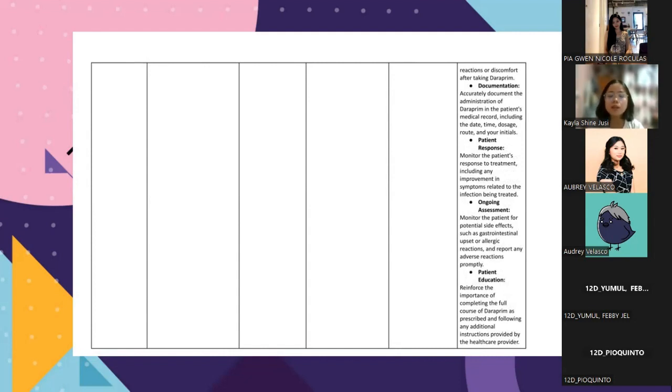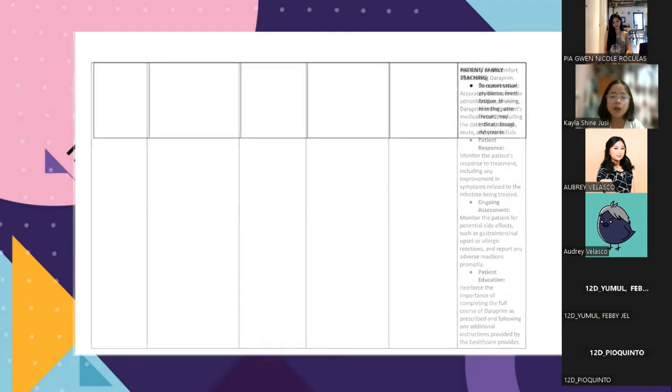And ongoing assessment: we need to monitor the patient for potential side effects, such as gastrointestinal upset or allergic reaction, and report any adverse reaction promptly. So for the patient education, we reinforce the importance of completing the full course of Daraprim as prescribed and following any additional instructions provided by the healthcare provider.